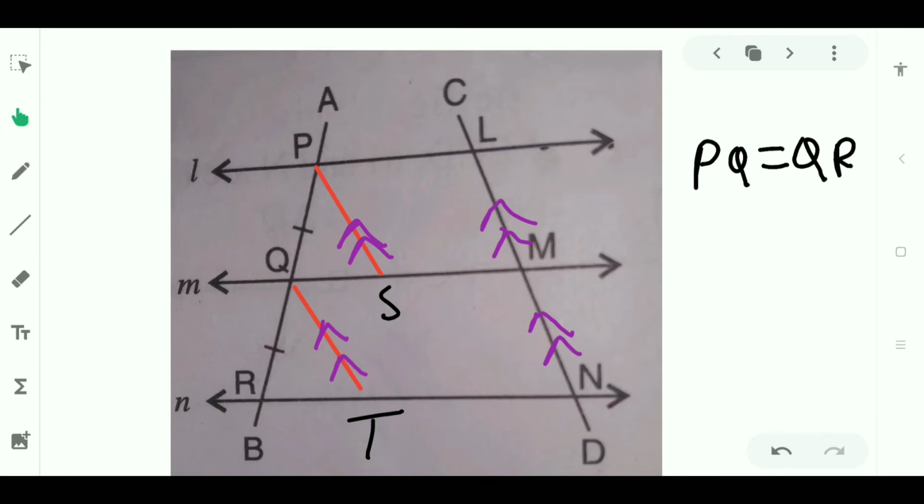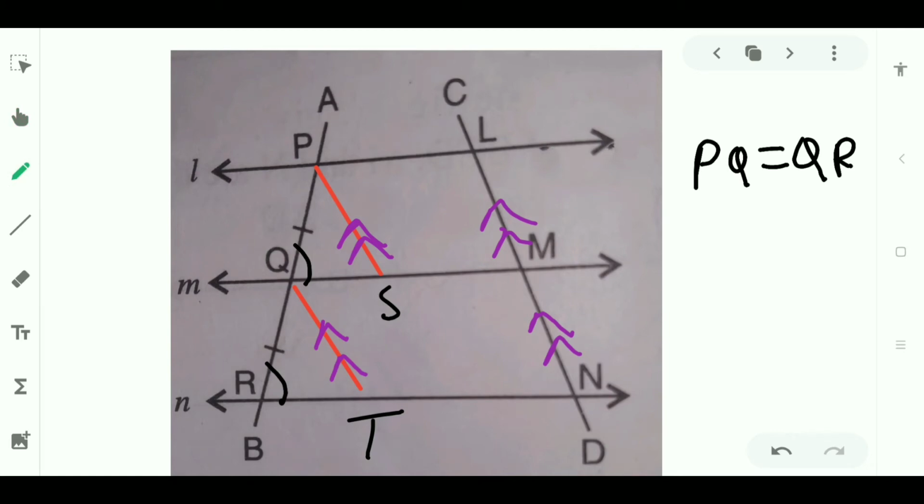As M is parallel to N, angle PQS and angle QRT will be equal, the reason being corresponding angles.